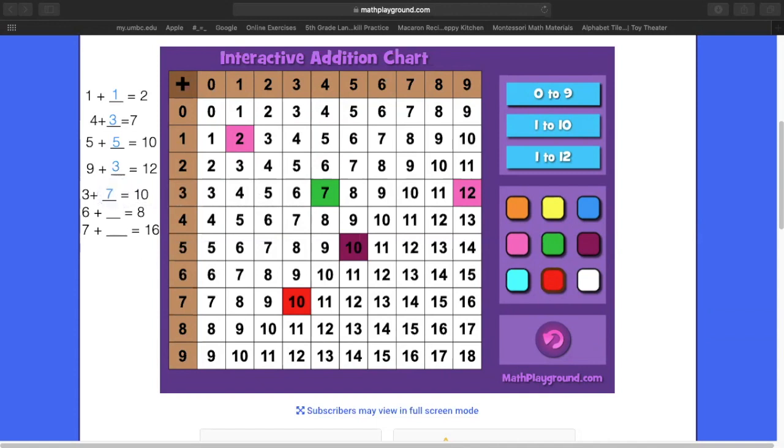I wonder if I can get Lucas to help me with the next one. 6 plus something equals 8. If I count down to the 8, Lucas, what number does it match with? What number does it match with?